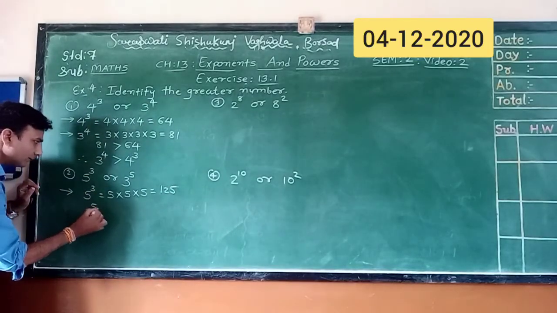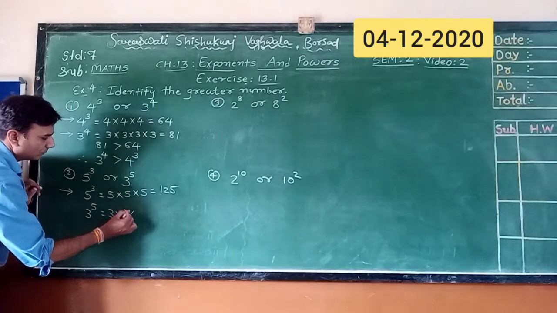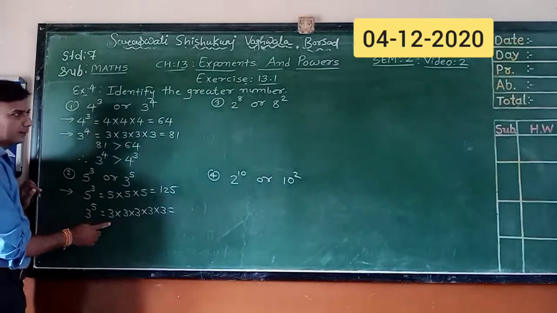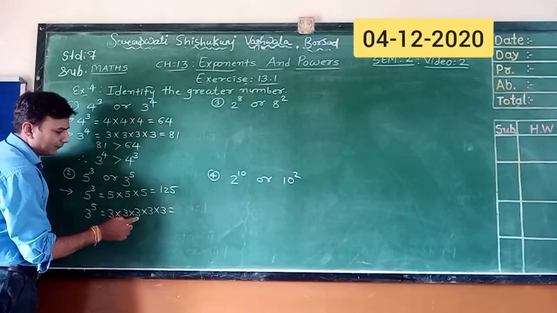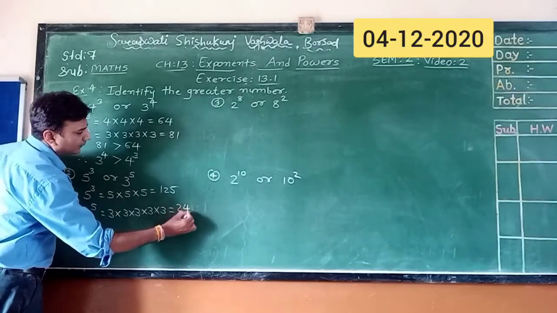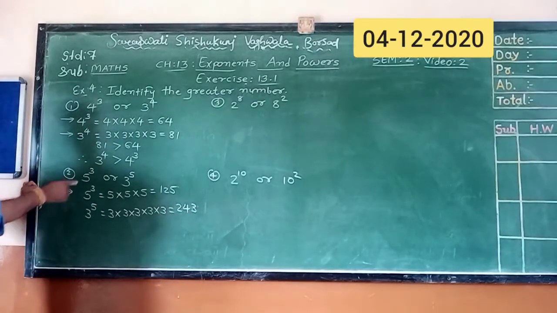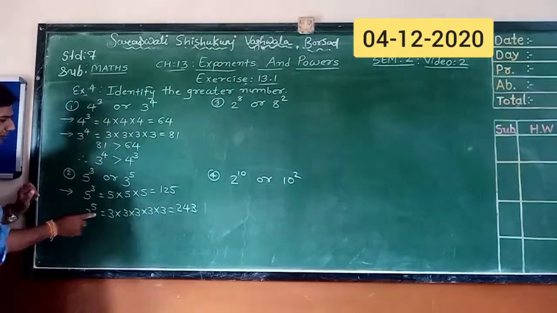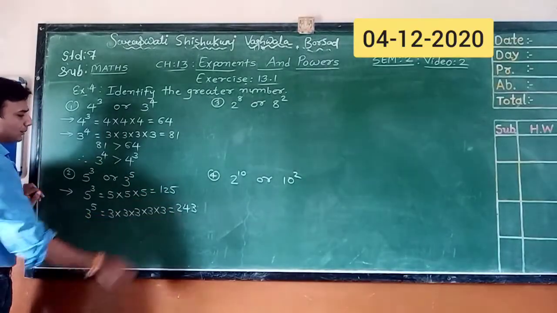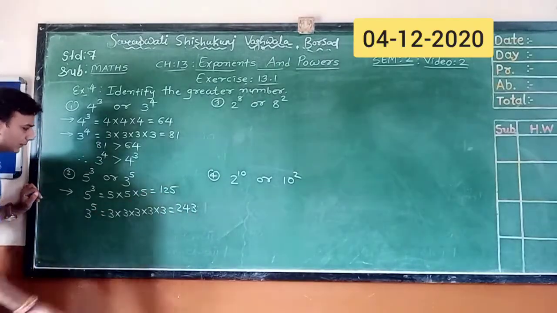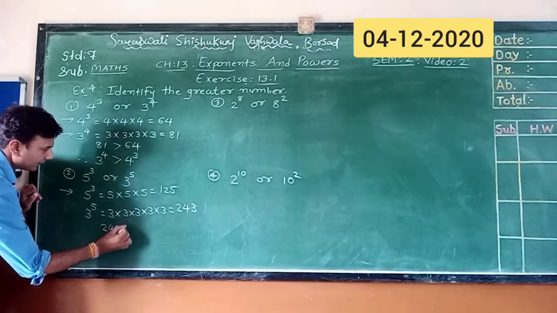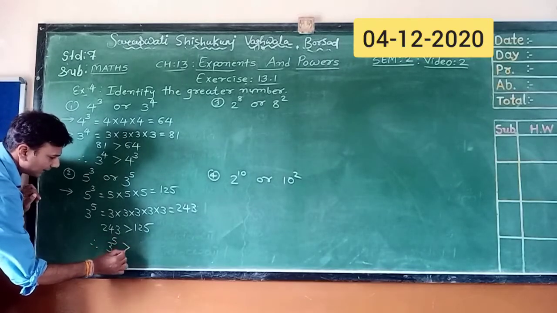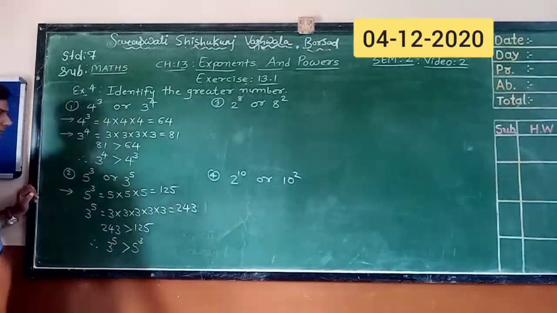And 3 raised to 5 means 3 multiplied five times: 3 times 3 is 9, times 3 is 27, times 3 is 81, times 3 is 243. So 5 cube is 125 and 3 raised to 5 is 243. 243 is greater than 125. That means 3 raised to 5 is greater than 5 raised to 3. Very easy.